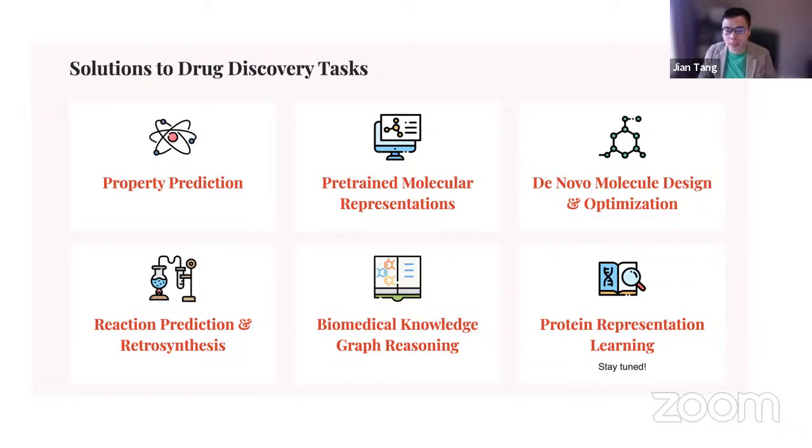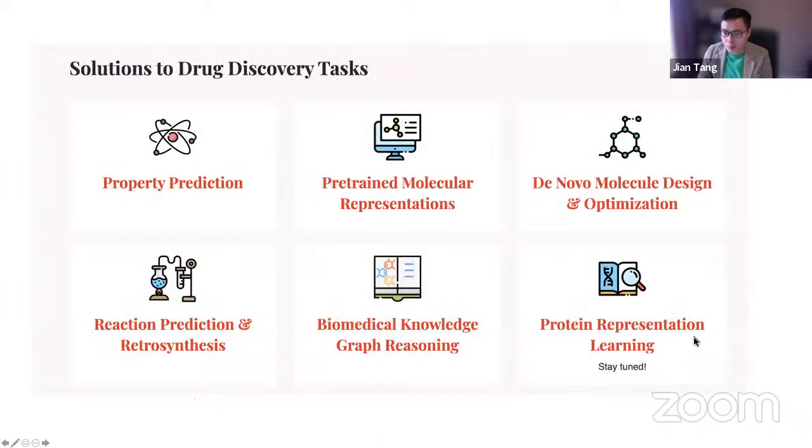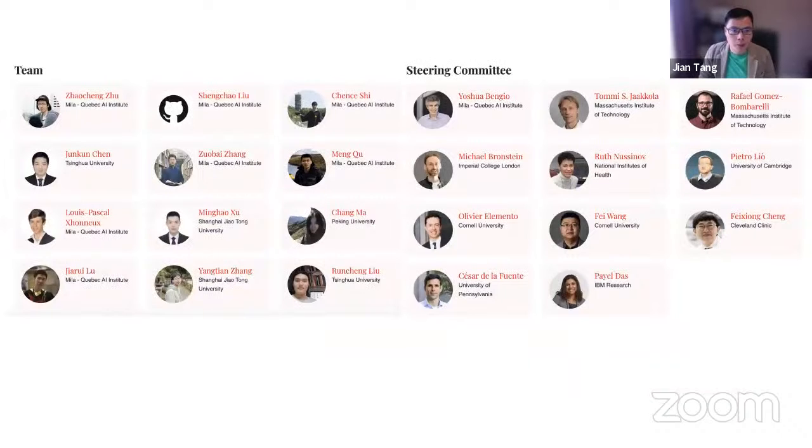Because for target identification, essentially we try to predict links between diseases and genes, right? And now we also work on big molecules like proteins, and these are some areas we've been really actively working on. These are all the students and also advisors who contributed to this project.